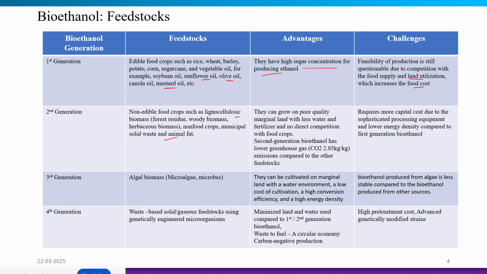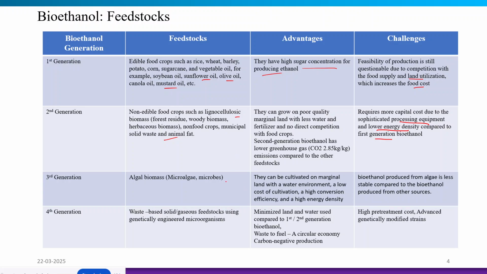But it requires more capital cost due to the sophisticated processing equipment, and it does not have that high a sugar concentration. So we get lower energy density from bioethanol derived from second generation biomass feedstock, comparatively lower than first generation bioethanol.